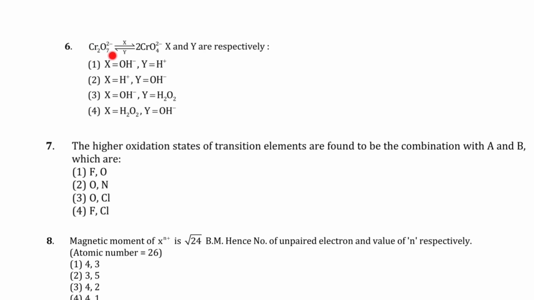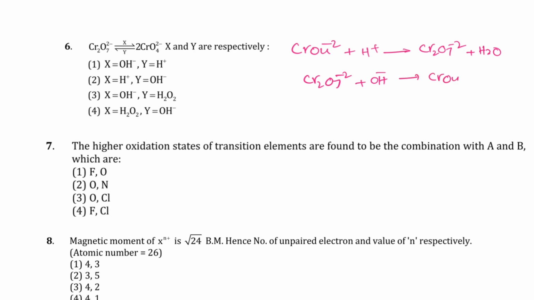Next, the sixth question. Dichromate ion converts into chromate ion in X and Y medium; X and Y are respectively. We know that CrO4 2- in acidic medium is converted into Cr2O7 2- plus water. Another one: Cr2O7 2- in basic medium is converted into CrO4 2- plus H2O.